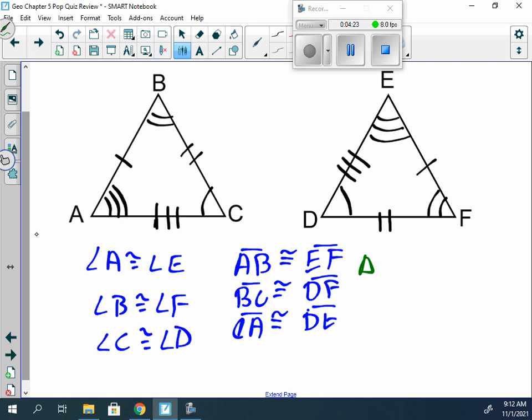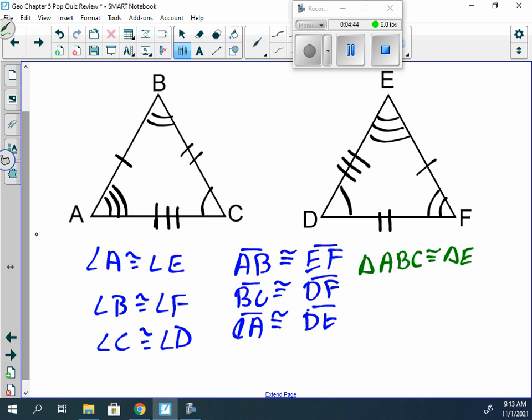And for our congruency statement as a whole, well, I can say A, B, C, because we need to name one of the triangles in a way. It doesn't really matter which, we just need to put it down. So I can say triangle ABC. Well, what matches up with angle A?